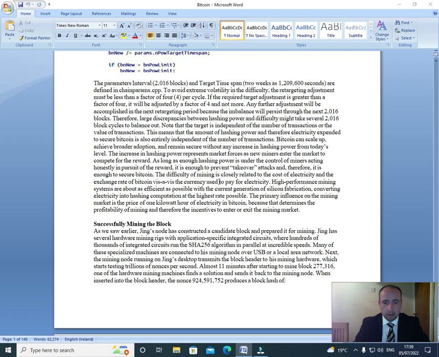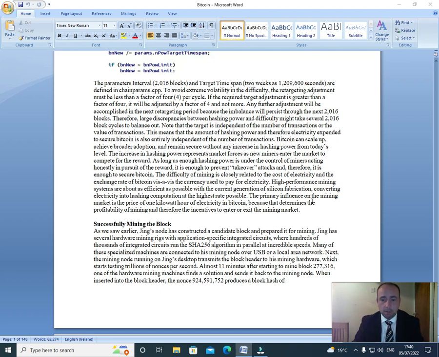The difficulty of mining is closely related to the cost of electricity and the exchange rate of Bitcoin vis-a-vis the currency used to pay for electricity. High performance mining systems are about as efficient as possible with the current generation of silicon fabrication, converting electricity into hashing computation at the highest rate possible.